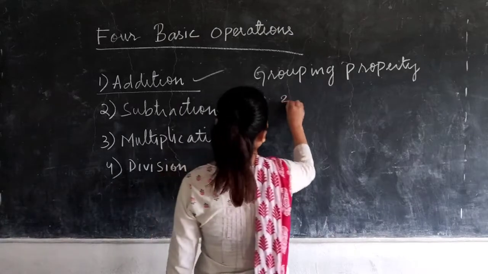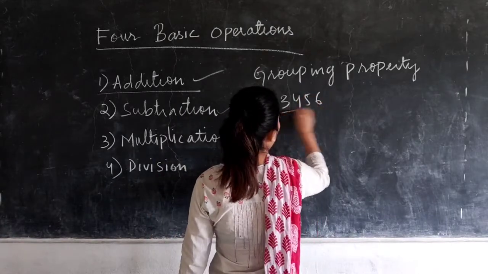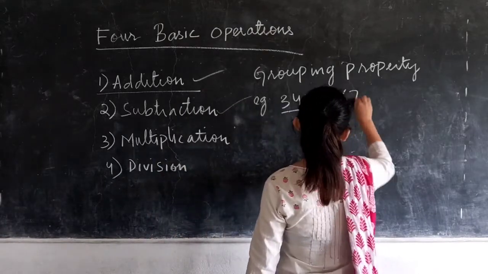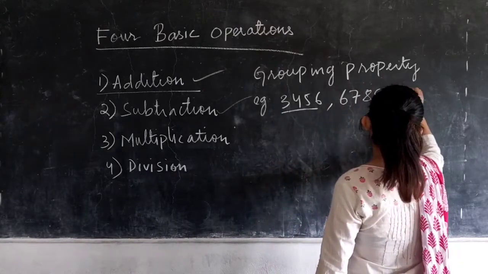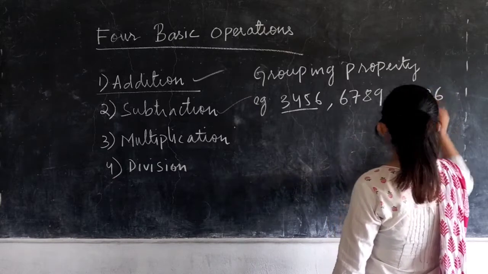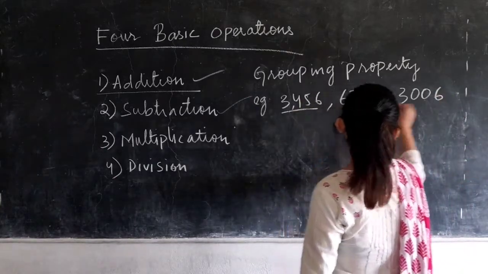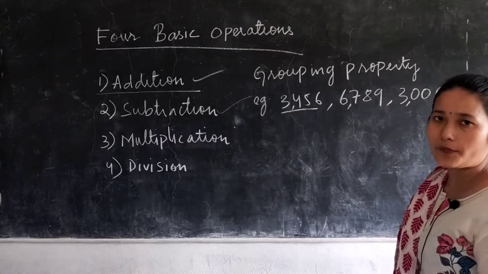Okay, so 3, 4, 5, 6, this is one set, then you have another, then you have, so I've given you 3 sets of number.